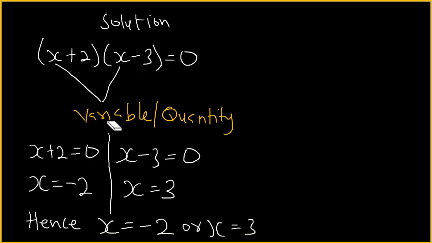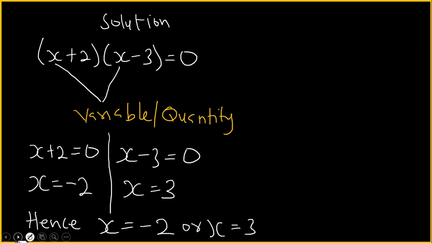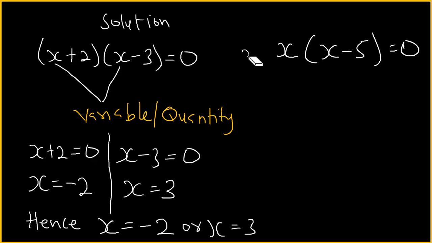The next question: x multiplying the bracket x minus 5 equals 0. This is our second question.